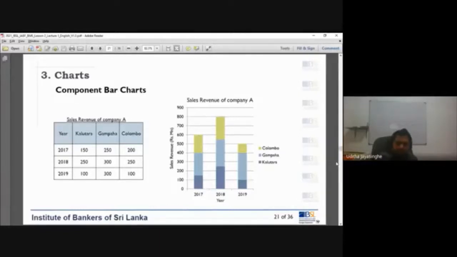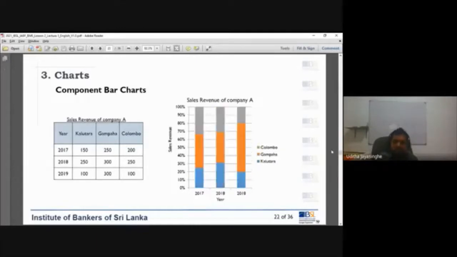But with the relative component bar charts, this is always a 100% equated value to be represented. So every bar will be equal to 100. That means just by looking at this graph, you can't identify the total or actual value, the exact sales revenue for these individuals.